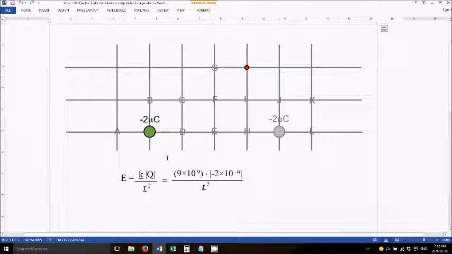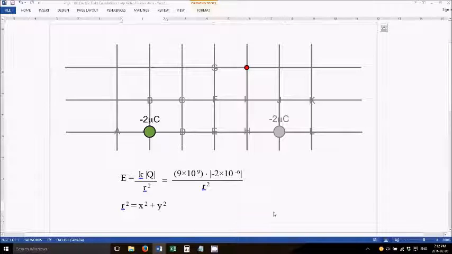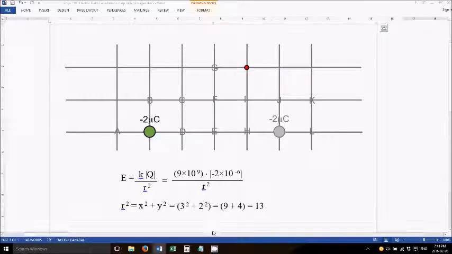Recall that I said that each of these grid steps is supposed to be 1 meter in length. So we can figure this out using Pythagoras' theorem. It's just going to be the x component squared plus the y component squared. The x component would be 1, 2, 3 meters over. The y component is going to be 1, 2 meters up. So we can find r squared using the following calculation: 3 squared plus 2 squared gives us 9 plus 4 equals 13.